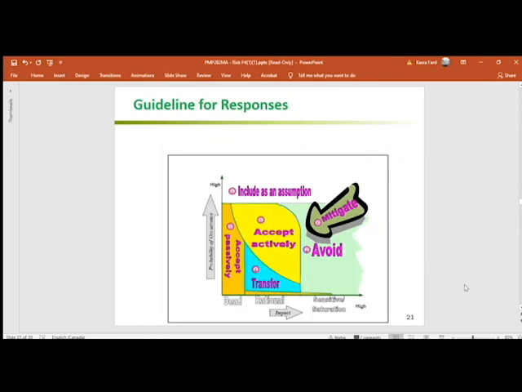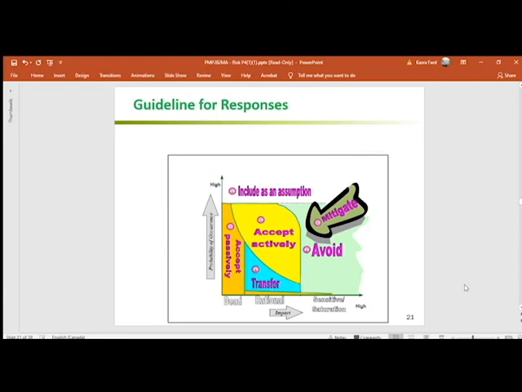Now, let's see what sort of guidelines we can provide in terms of which strategy should be used. So in this diagram, we see probability versus impact. As probability goes up, we have to consider whether this is actually a risk.